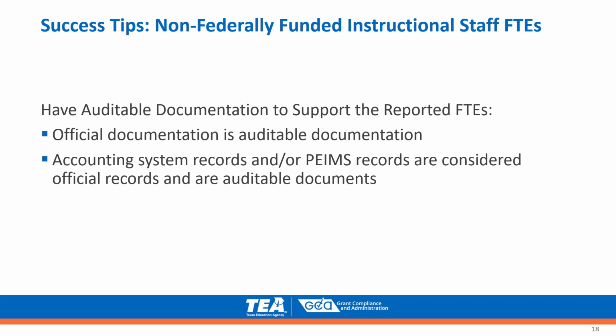However, a data export from the LEA's accounting system into Excel with the appropriate notations is considered auditable documentation. All exported data will have these notations indicating the scope of the data and the system from which it originated. These are not notations a staff member would make to the spreadsheet. They are part of the exported data.